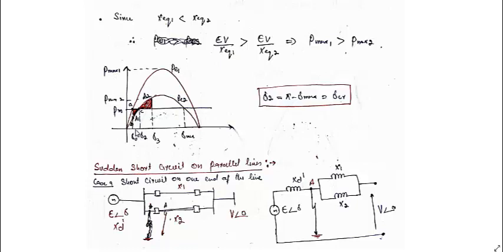Now it is operating at point A at angle of delta naught before the loss of line. When loss of line occurs, the electrical power changes from PE1 to PE2. Now here it suddenly changed from PE1 to PE2.